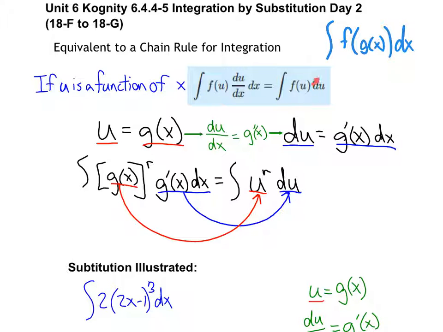What this process says is that if I have the integral of f of some function u, there's my composite function, times the derivative of u with respect to x, dx, then I can integrate that as f of u du. Now notice we changed variables from x to u. Okay?